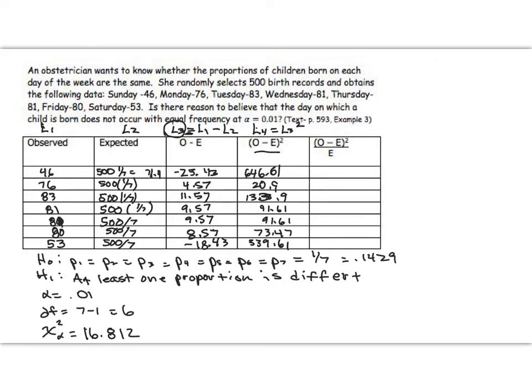Okay, and then one of our final calculations is we're going to take this value here, our observed minus our expected squared, and we're going to divide it by our expected values. So go up and highlight list 5, and then we're going to take list 4 and divide it by list 2. And that gives what each of our categories contributes to the chi-square number.